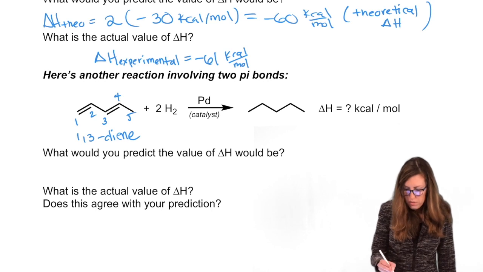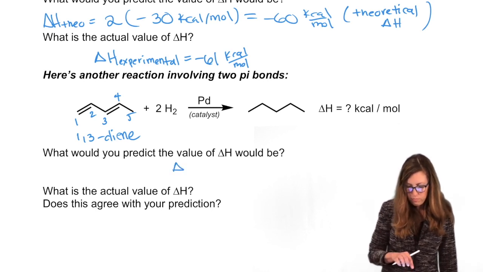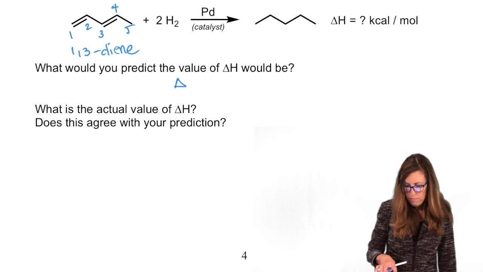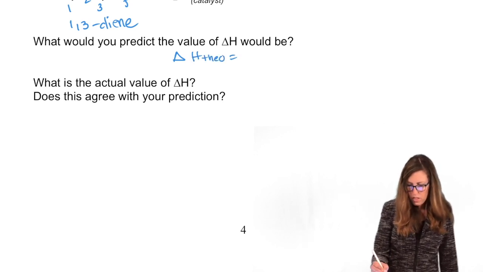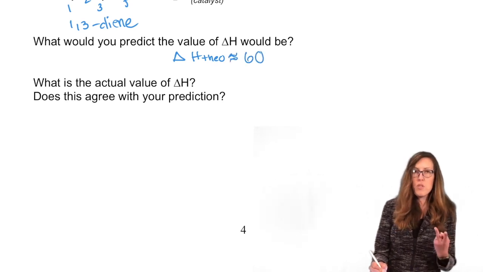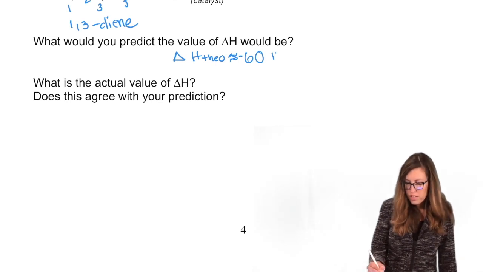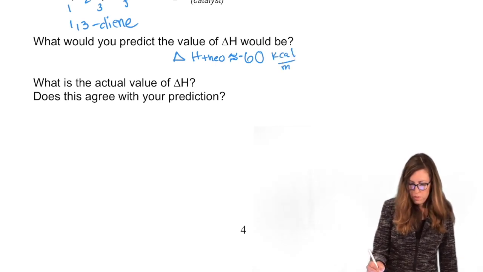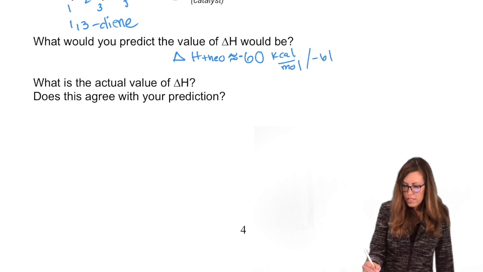So my predictive value, in other words, my theoretical delta H, would be the same, 2 times 30, right? I'll just put even similar to, because we already know that the 2 pi bonds in the previous one made it negative 61. So I'll say it's about negative 60 kcals per mole. Maybe even it's 61. So it's a good guess because we know about that one.